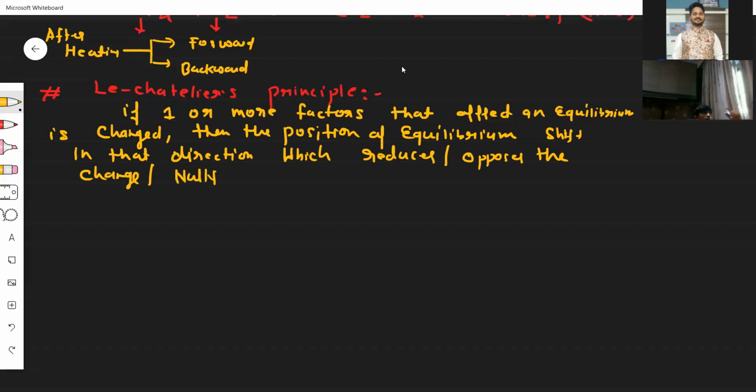If you didn't understand the last part, they can ask you separately to write a note on the Le Chatelier principle, and then you have to write it.